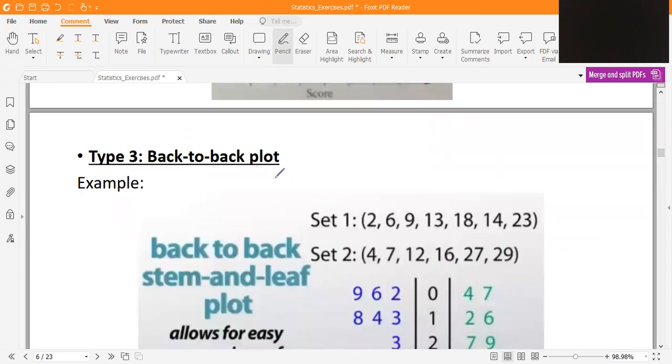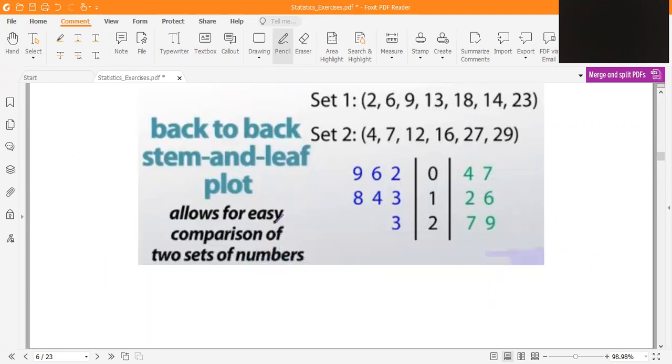We also have back-to-back plots, and one of the most useful is the back-to-back stem and leaf plot. It allows easy comparison of two sets of numbers. What do we mean by a back-to-back stem and leaf plot?